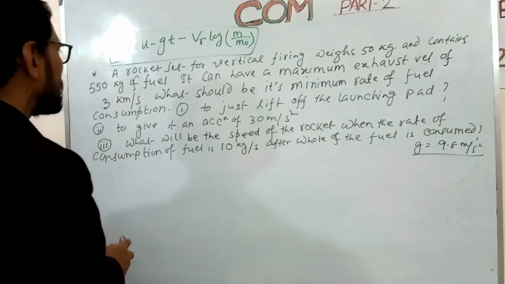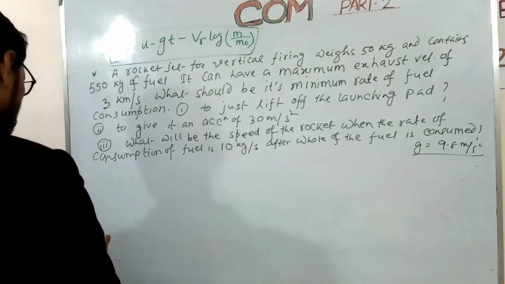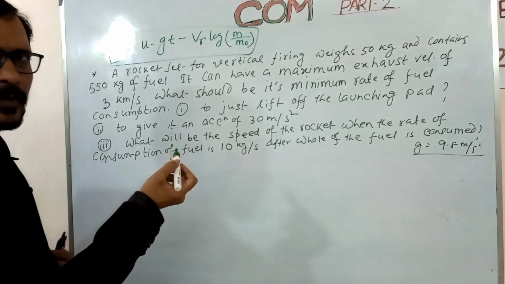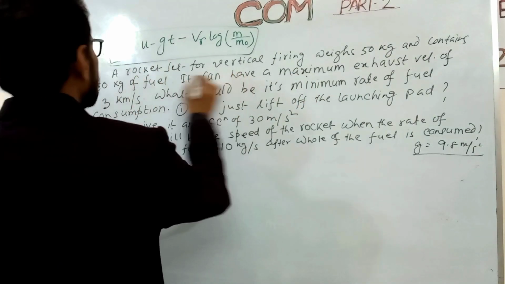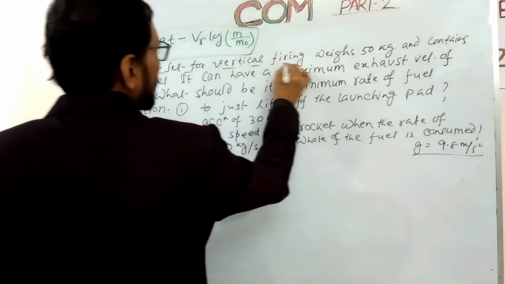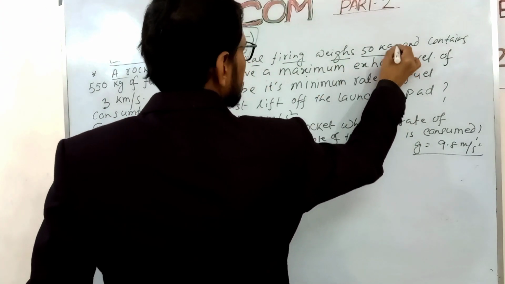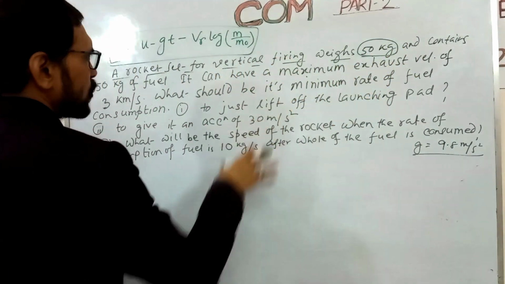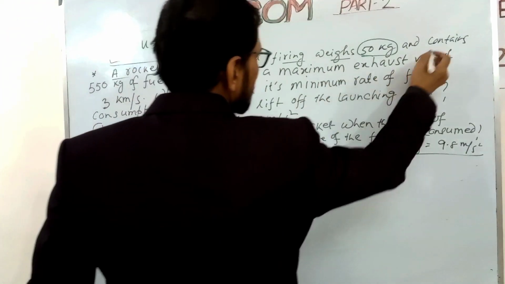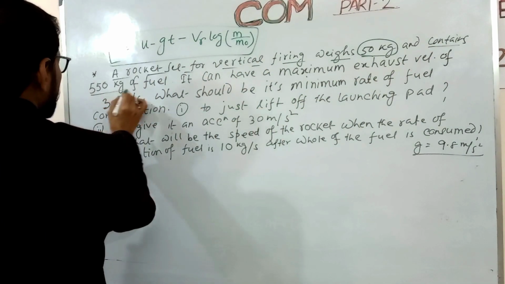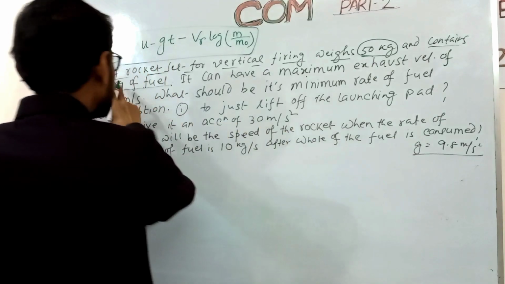Now here is a problem on rocket motion. A rocket set for vertical firing weighs 50 kg. This is the weight of the rocket instrument and its body structure. It contains 550 kg of fuel.